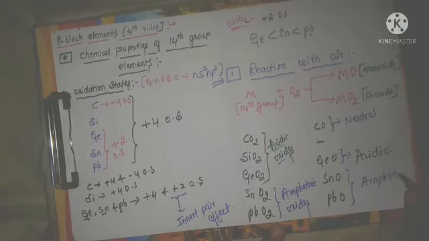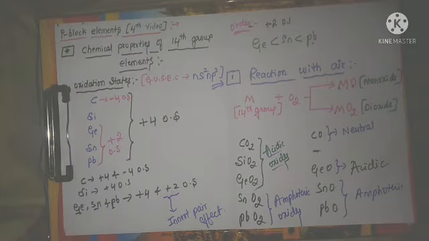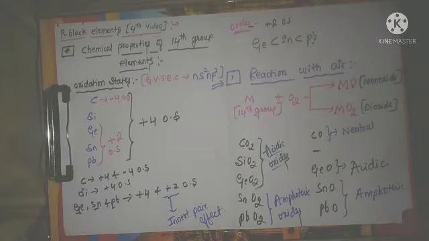These are the general characteristic properties of the 14th group elements, dioxides and monoxides. Correct? Next we will go for the second.